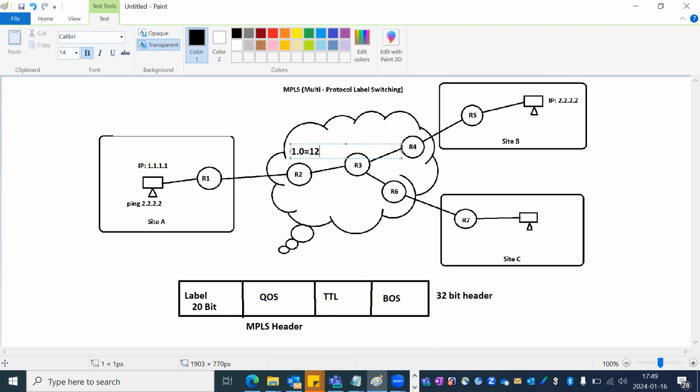Suppose that R2 has assigned the label of 12 to the 1.0 network. So what does it mean?